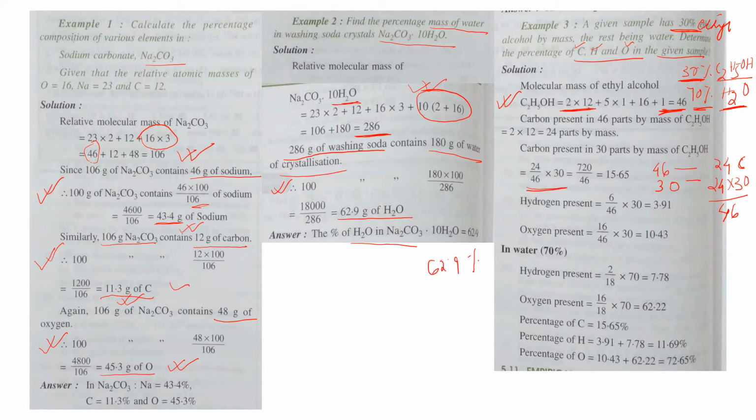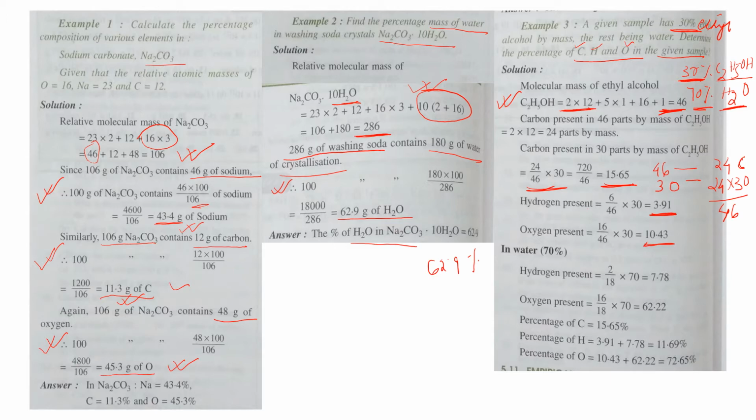See here, 24 into 30 by 46, we are getting 15.65. Similarly for hydrogen, we are getting 6 by 46 into 30 because hydrogen is only 6 here, so it is 3.91. And for oxygen, it is 16 by 46 into 30, that is 10.43.